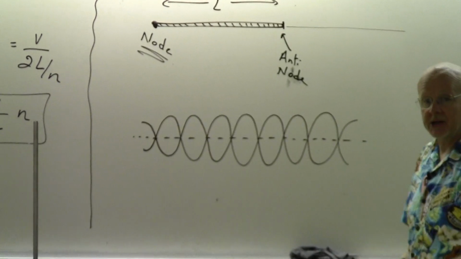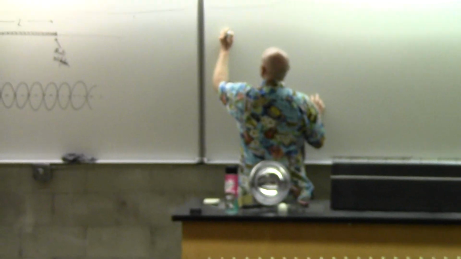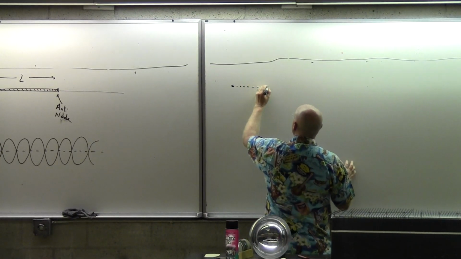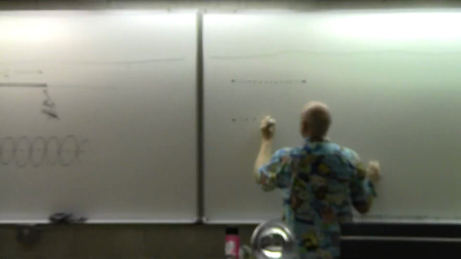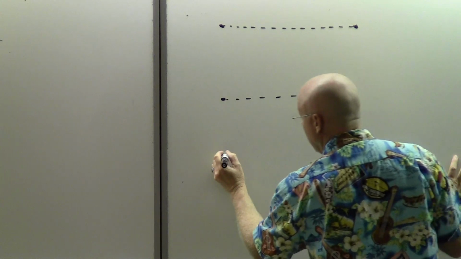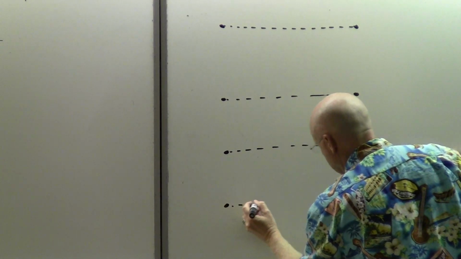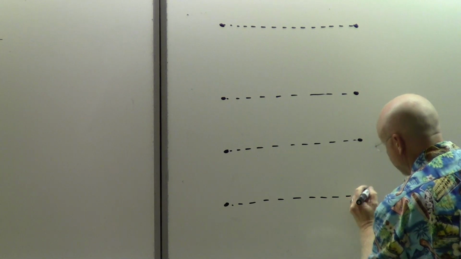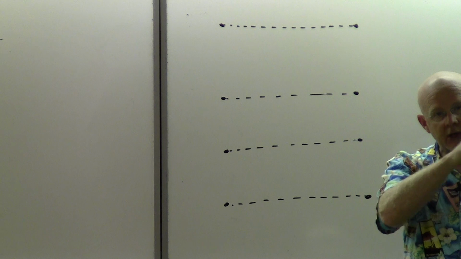And let's just ask, what kind of patterns, and I'll do 4 of them again. One end to the other, one end to the other, one end to the other, and one end to the other. Okay. What kind of patterns could I have where one side would be a node?